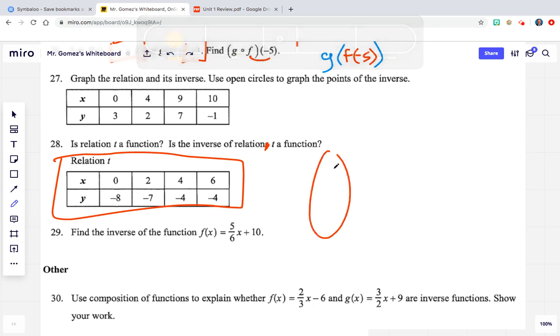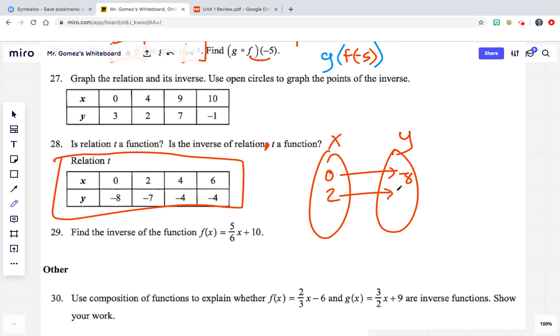Another thing you could have done is the maps that we had from before of how 0 would map to -8, how 2 mapped to -7, how 4 mapped to -4, and how 6 mapped to -4. This is okay. This is not failing the vertical line test. And I think you see it more so the way we showed just now on that graph.